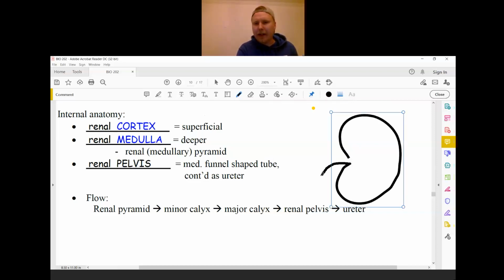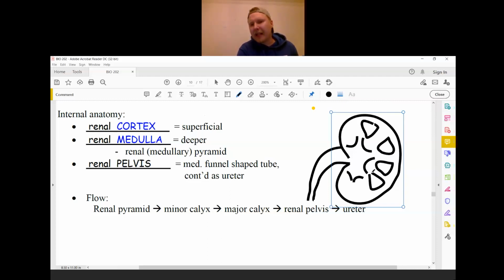Here we have our ureter coming out from there, our major calyx, and we also end up seeing some renal pyramids. We're going to color all of these and make sense of all of these structures. I just prefer to sketch them ahead so I remember to tell you everything you need to know.